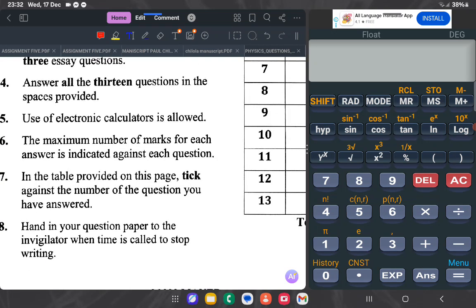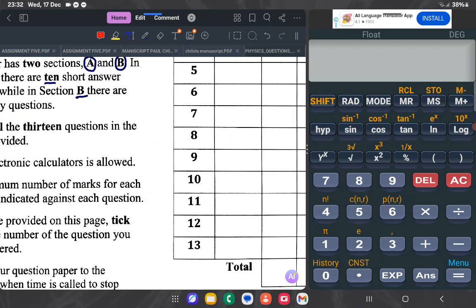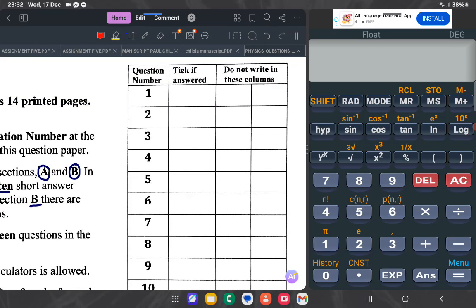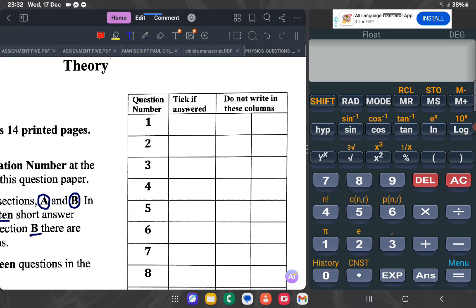When you finish the writing, you'll be required to tick against the questions that you have answered. Let's suppose you answered question 1 very well. Okay, so you tick that. You answered question 2. For some reason, you did not answer question 3, so you leave it blank.